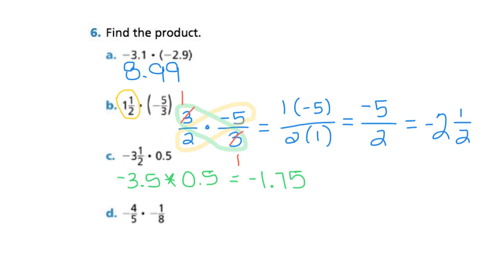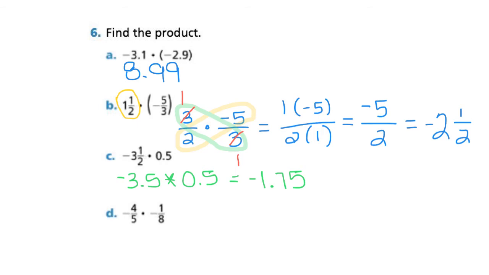Part D, -4/5 times -1/8. Let's try to do this one as a fraction instead of changing it into its decimal. All right, so I have numerator times numerator, denominator times denominator. But can I cross cancel anything to make my number smaller?